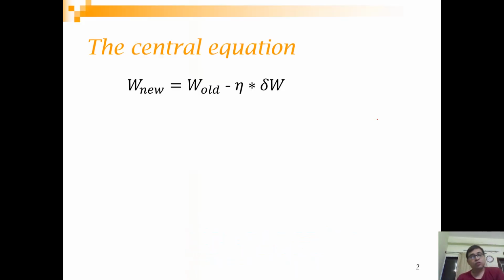Okay, so this is the central equation of gradient descent based algorithms. Where if you have a value of the parameters in one iteration as w old, maybe in the n minus one iteration, then the value of the parameter in the nth iteration is calculated based on two things. One is the gradient. Gradient of what? Gradient of the loss function.